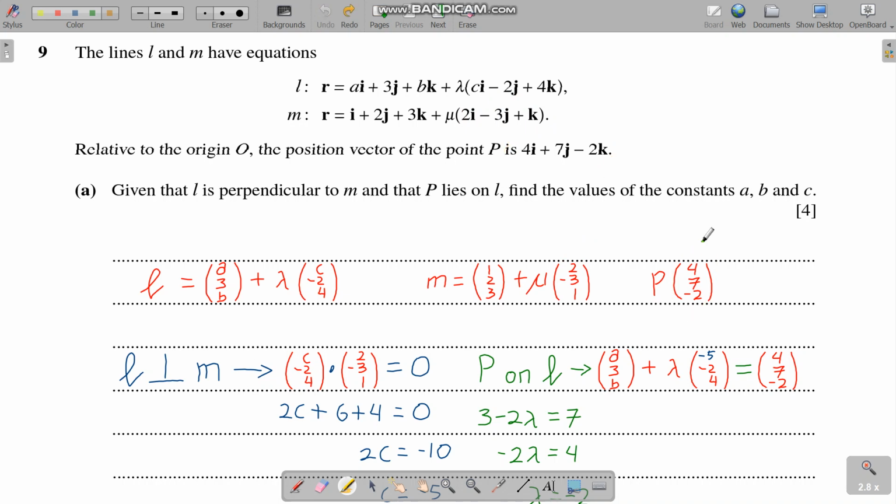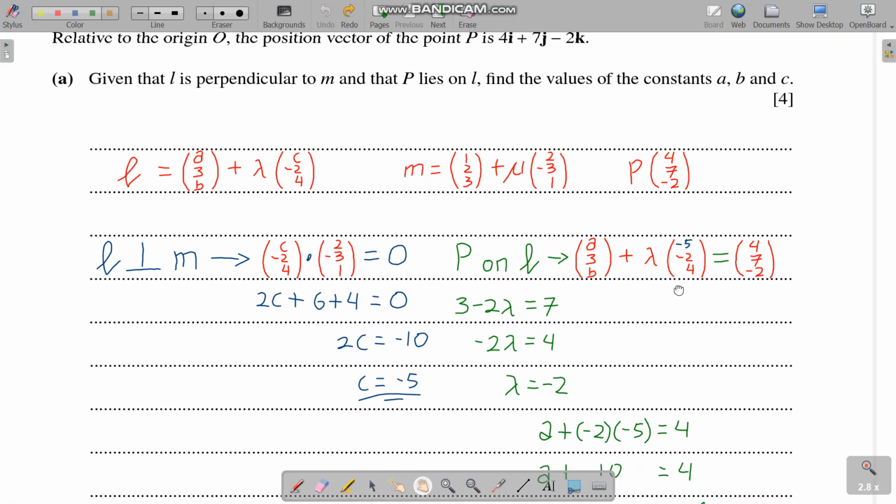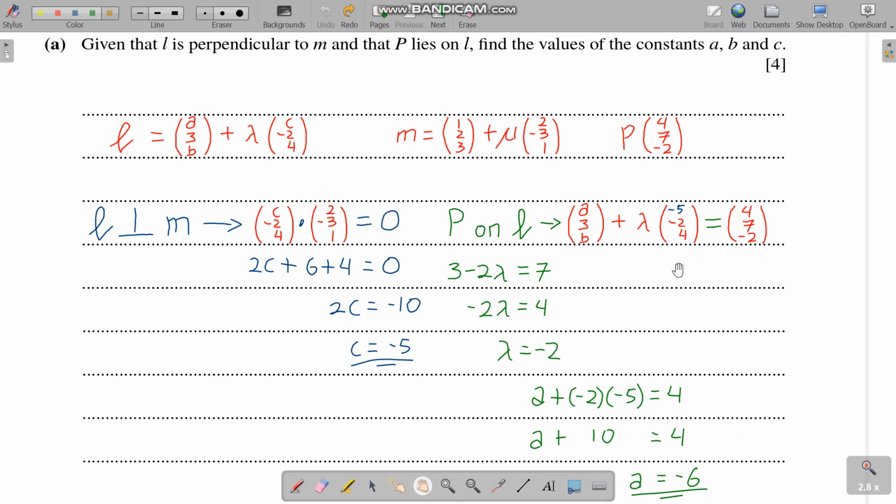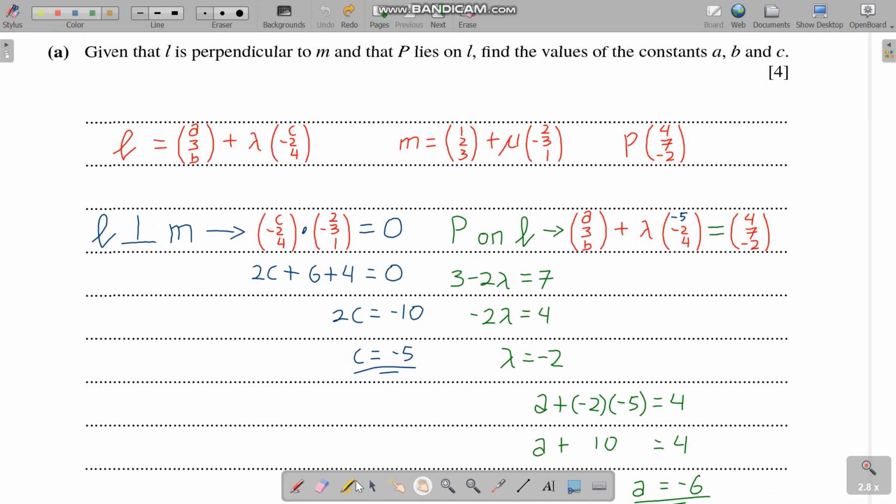L is perpendicular to M, P lies on L. Find a, b, c. So first of all, if L is perpendicular to M, this means the dot product of the line directions equals 0. Remember, this is a point on the line, this is the line direction.